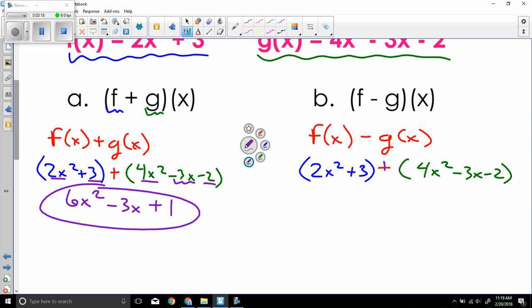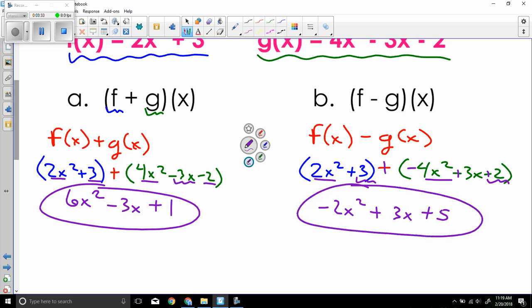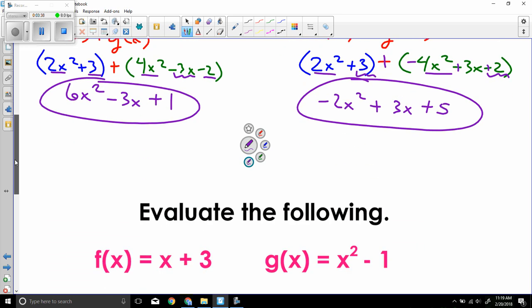We've seen this before. We like to change these signs. Then we'll combine like terms again. So I have negative 2x squared. These guys make 5. And I drop down my 3x. Now would be a great time to pause the video and re-look at what I just did if you need.